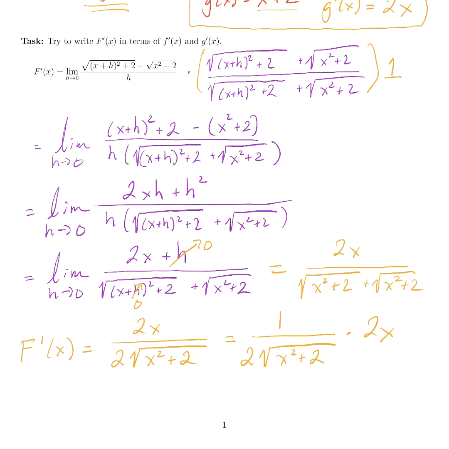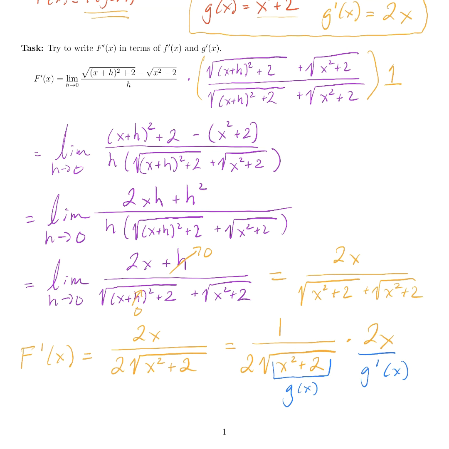Let's pick a different color. Here inside of this square root is g of x. And here is g prime of x. Okay, let's see. How can we handle the rest of this quotient here? 1 over 2 square root of something.